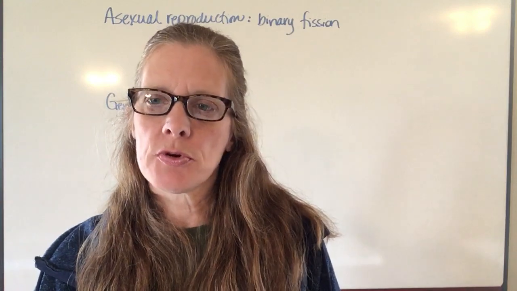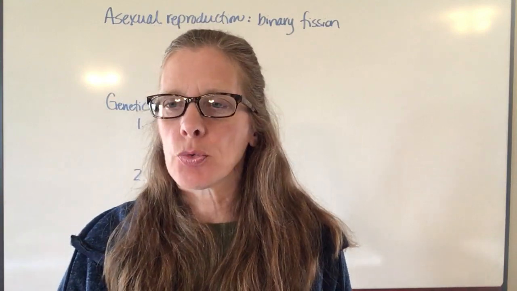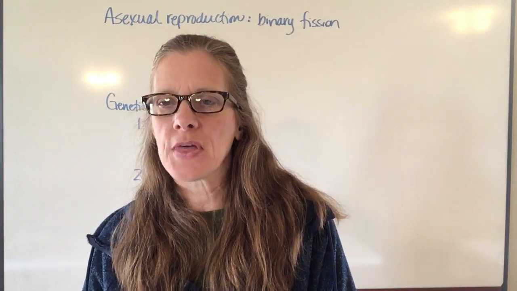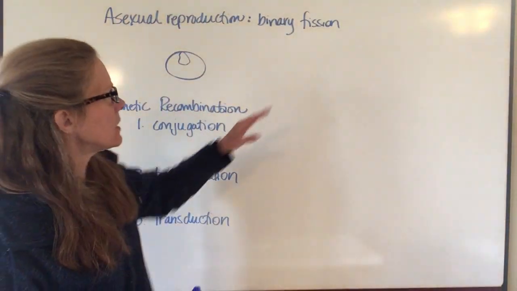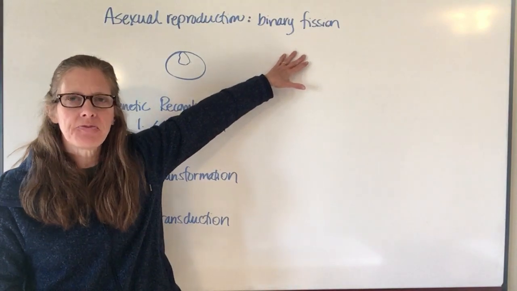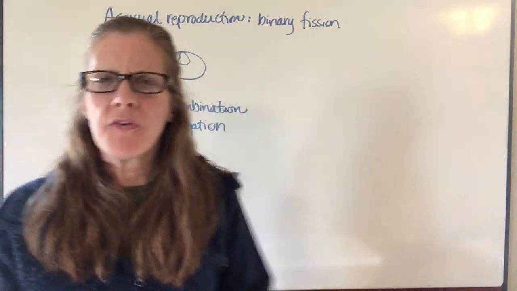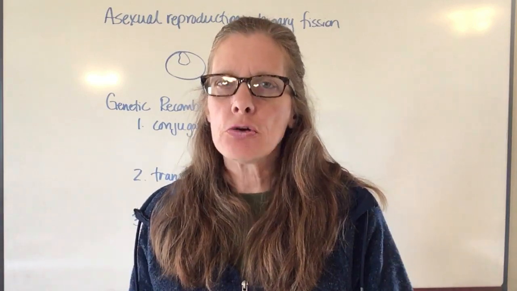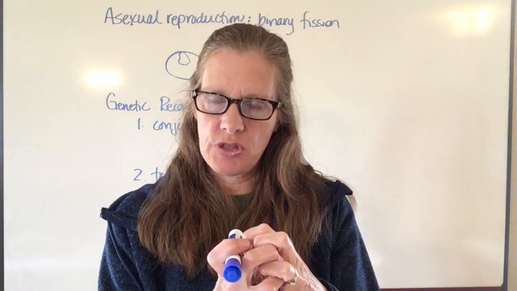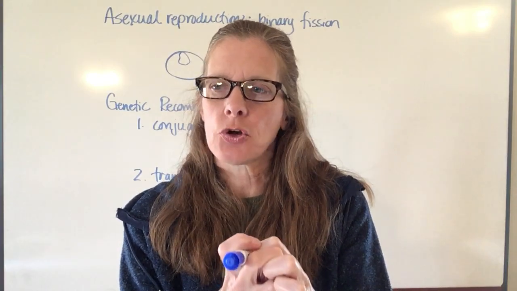Bacteria only reproduce asexually. And so we're going to talk first about how that process is going to happen. They reproduce by a method called binary fission. Fission and fusion are opposite words. Fusion means that you stick two things together.